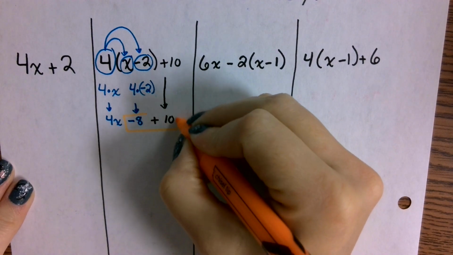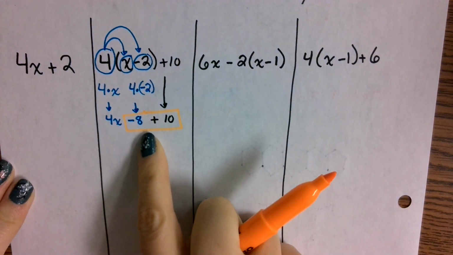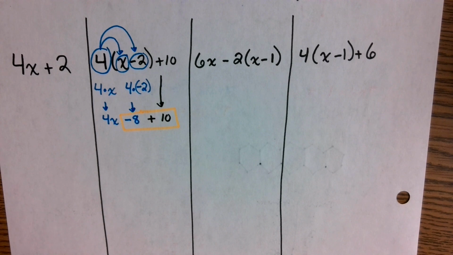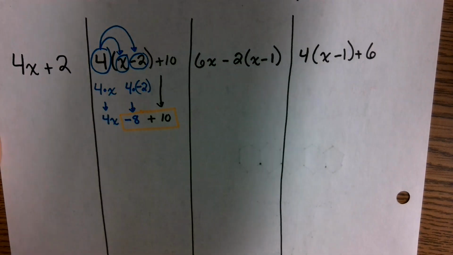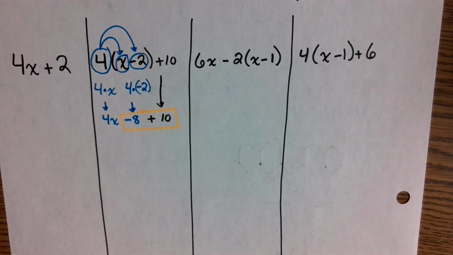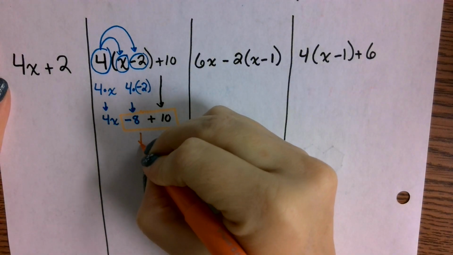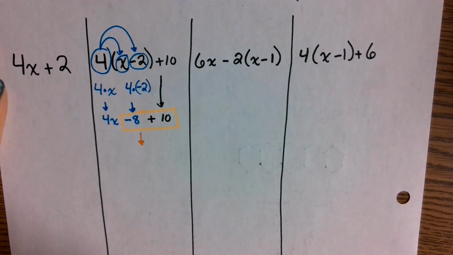So I can combine this negative 8 and this positive 10 together. What is negative 8 plus 10 going to yield? Hassan? 2. Positive or negative? Positive.